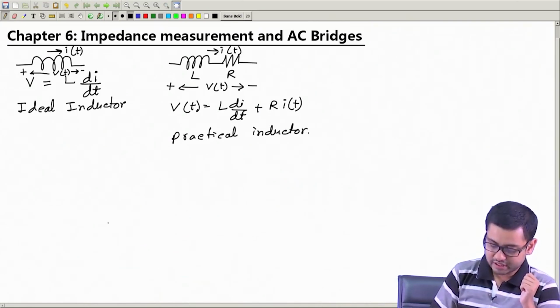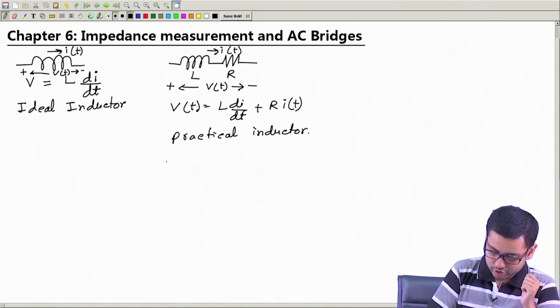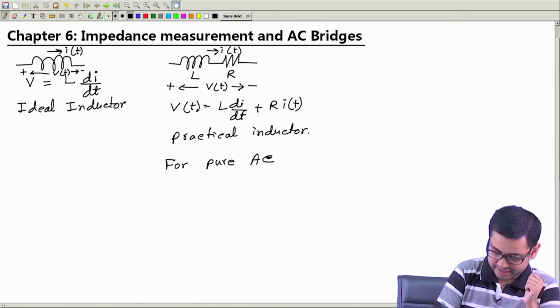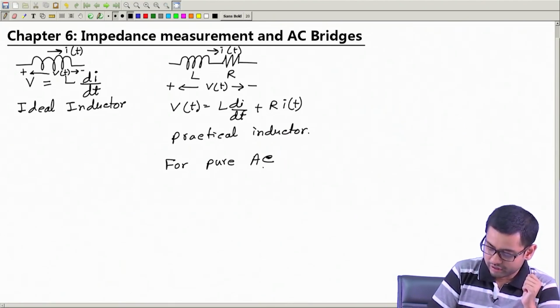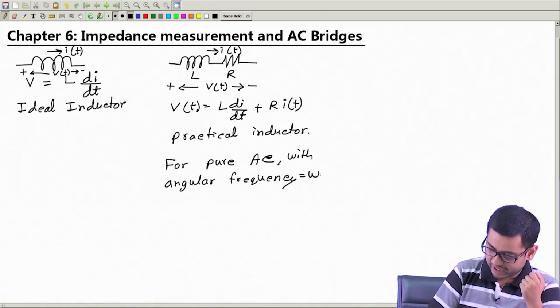And we also know that for AC, where I is sinusoidally varying. Okay. So, for the special case of AC, perfect pure sinusoidal AC, that means these currents and voltages are all like sin omega t, cos omega t, pure AC with angular frequency equal to omega.